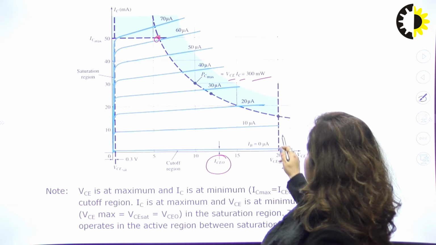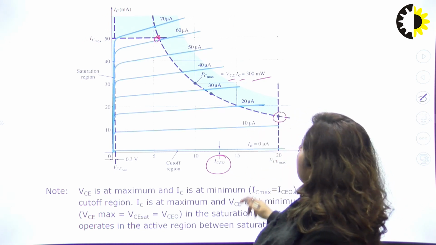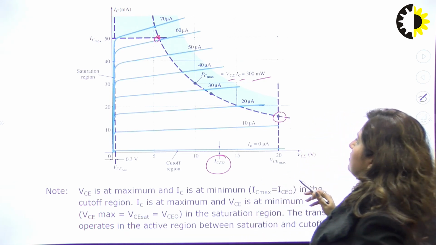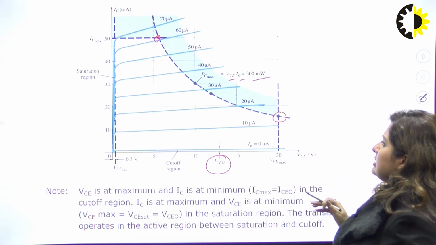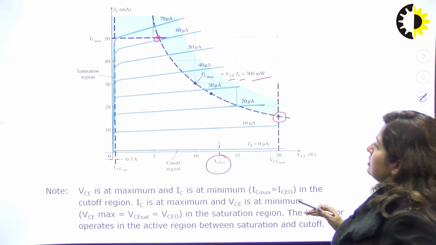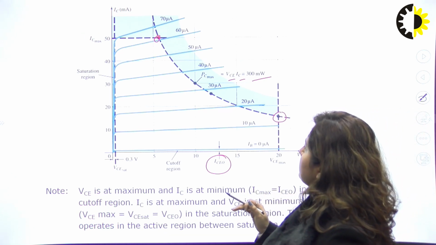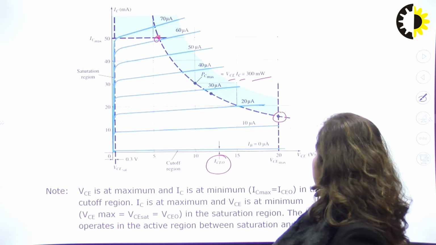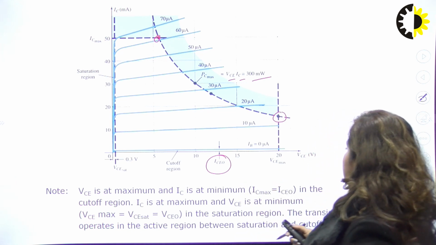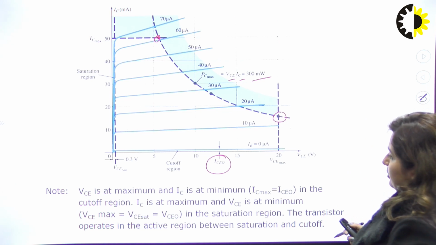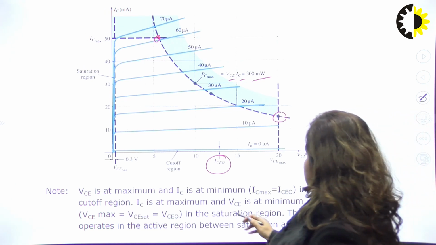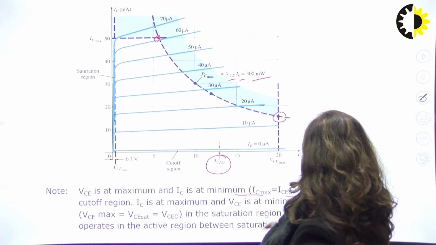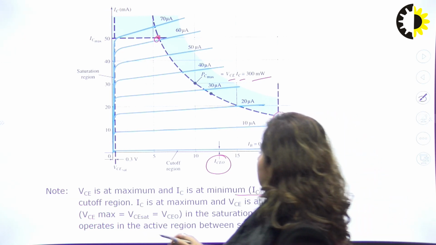Similarly, there is a point here. So these are some operating points which you can see in the graph. With these operating points, we can see from where to where there is an active region, there is a cutoff region, and how the current rises as you increase your VCE, that is the voltage between collector and the emitter. So VCE is at maximum and IC is at minimum, that is IC is equivalent to ICEO in the cutoff region.